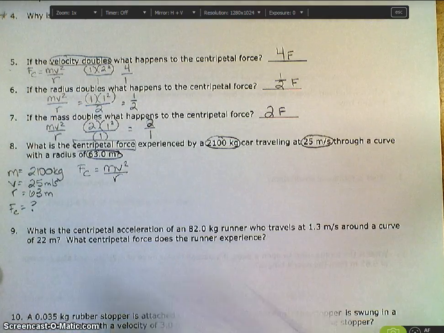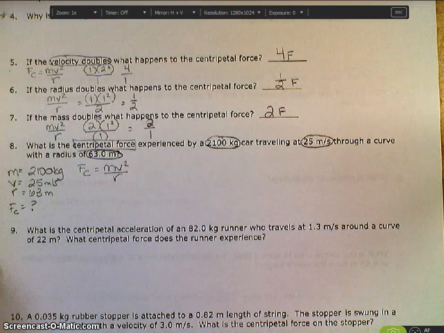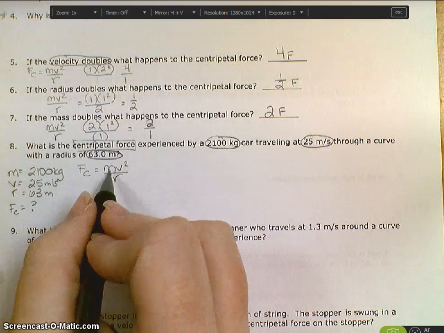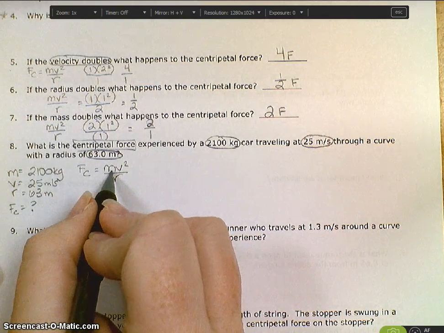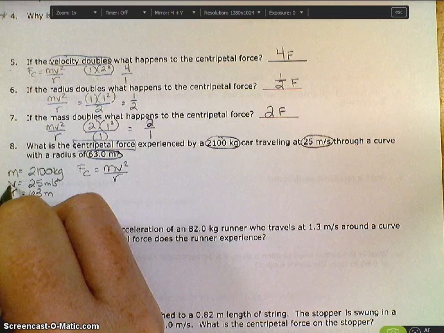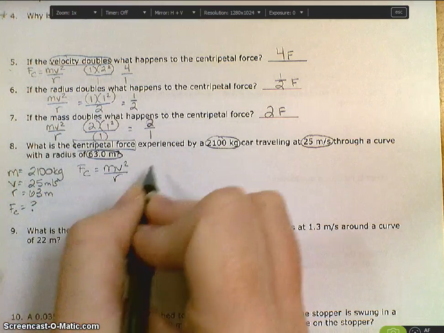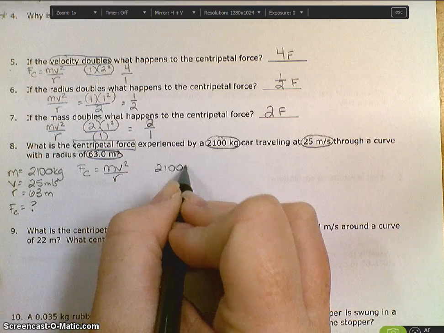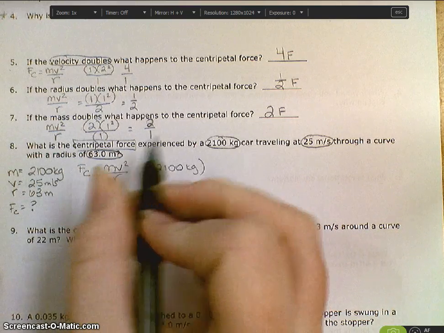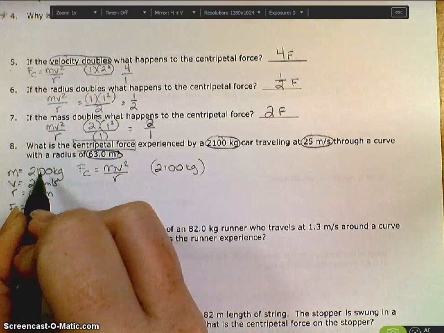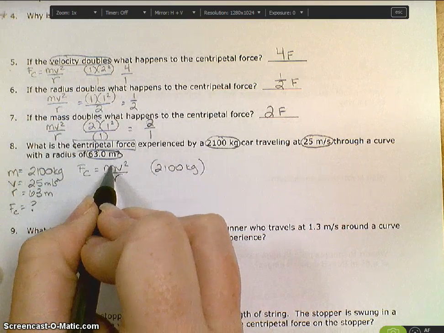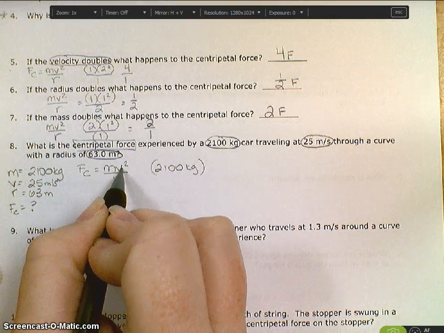I've rewritten the equation on my paper so that I'm ready to substitute. I first substitute my mass. This is very easy if I've written all of my units out on the left-hand side of my paper. My mass is 2,100 kilograms, so I've simply substituted the mass given into the equation. Same thing for velocity.